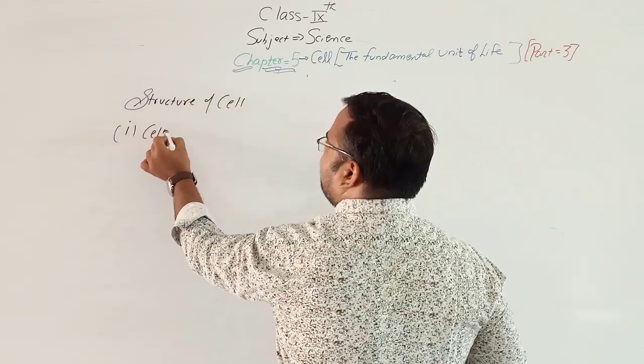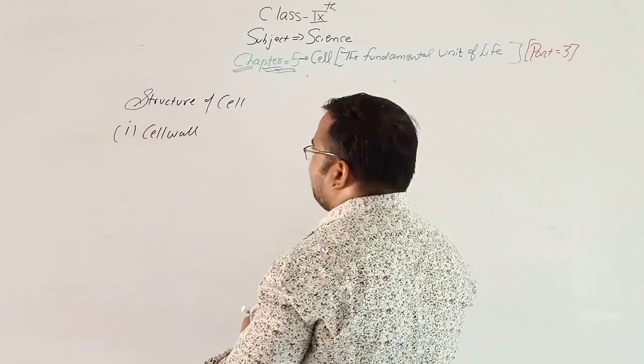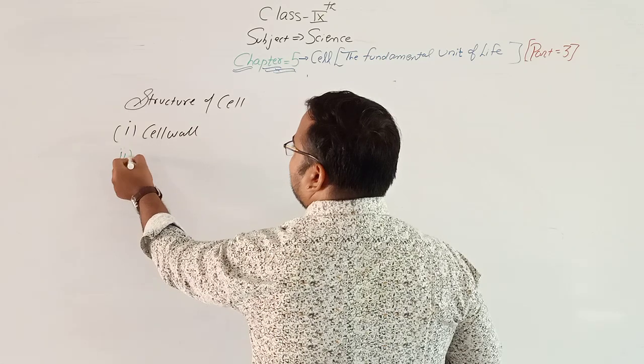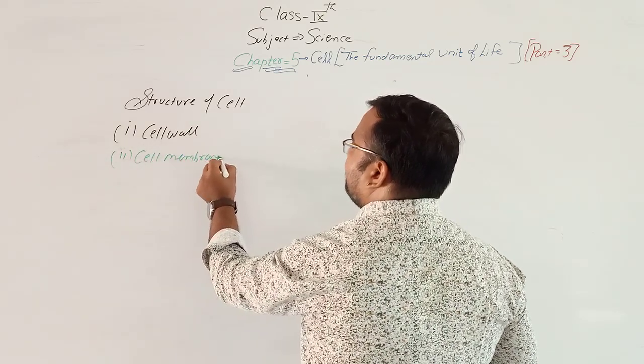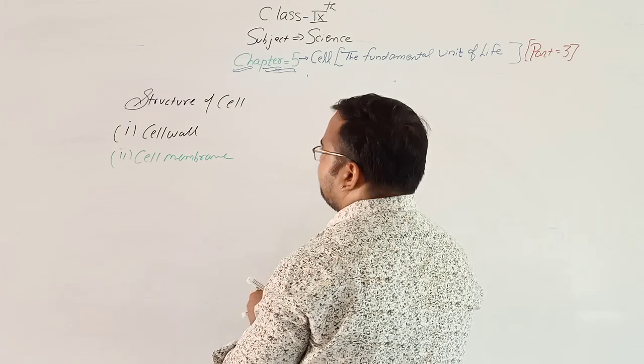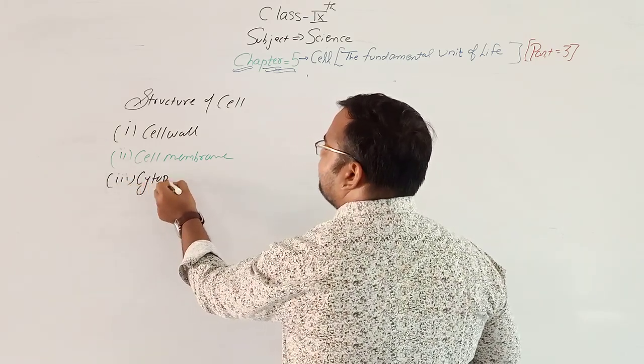First is cell wall. Second is cell membrane. Third is cytoplasm.